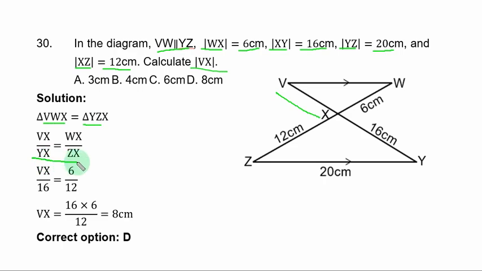You are looking for VS, YS is 16, equal to WS is 6 and ZS is 12. If you make VS the subject, you have VS equal to 16 times 6 divided by 12, and that is 8 centimeters. D is the correct option.